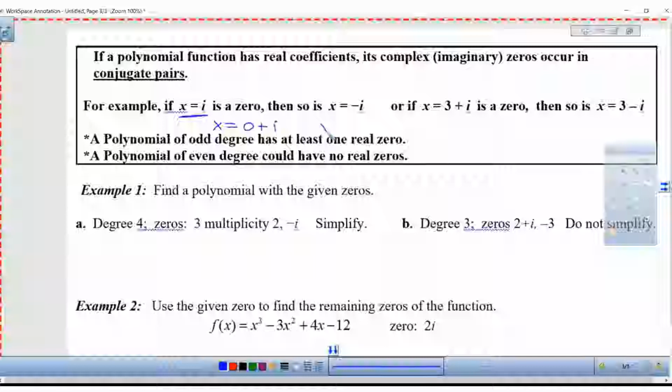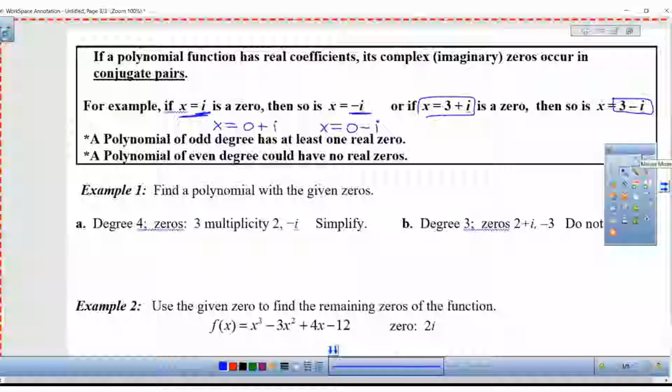Well, the conjugate of that is 0 minus i, which is the same thing as negative i. So if you have a positive i, you're going to have a negative i for sure. Say you have 3 plus i as a solution or a zero, then you know you're going to have 3 minus i also as a solution. Okay?